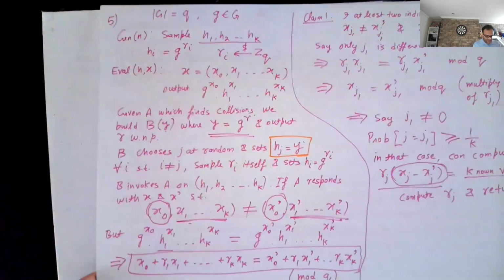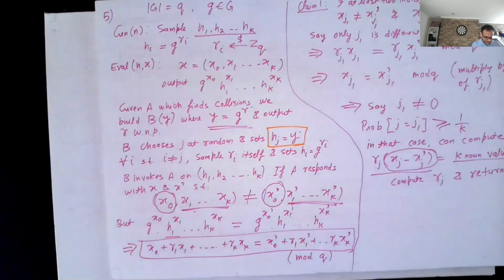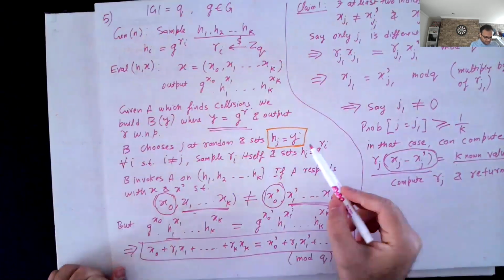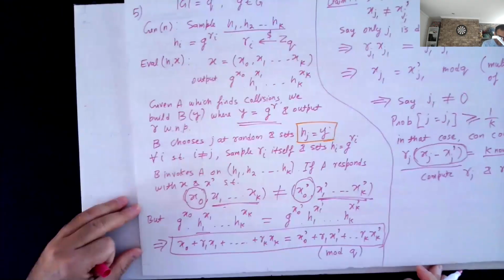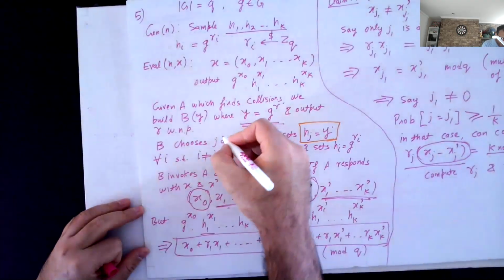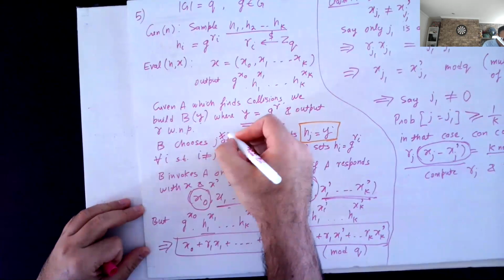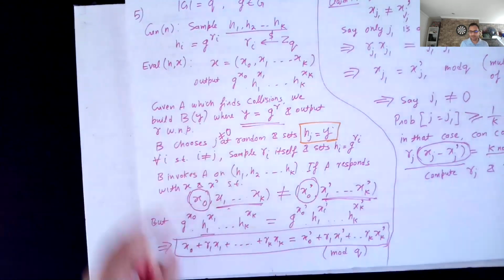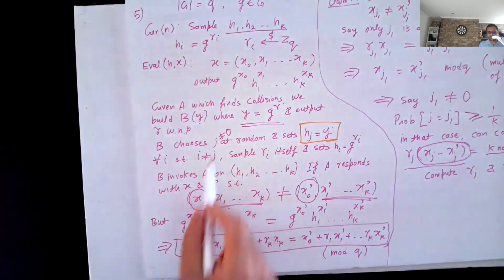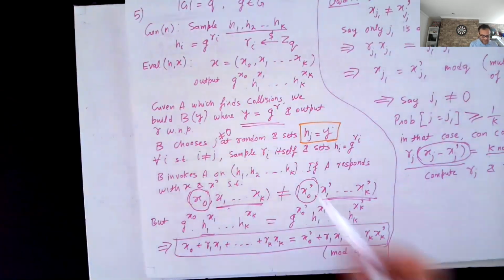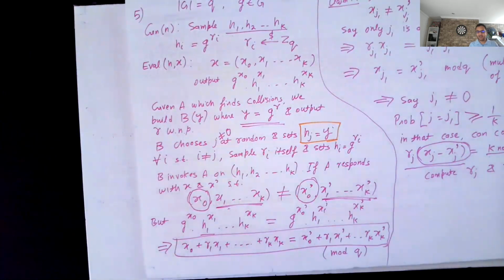Where are we using the claim that two indices are different? Yeah, good question. So note that here j is not equal to 0. So B was given some challenge Y, right? And B chooses some index j and sets Hj to be Y. j cannot be 0, right? There's no H0.